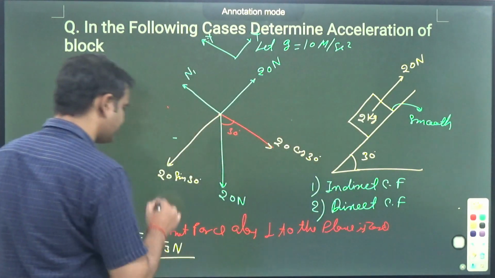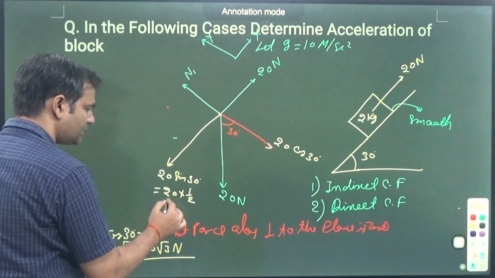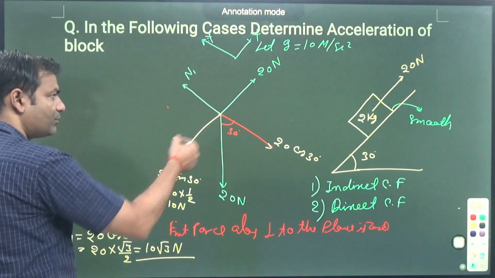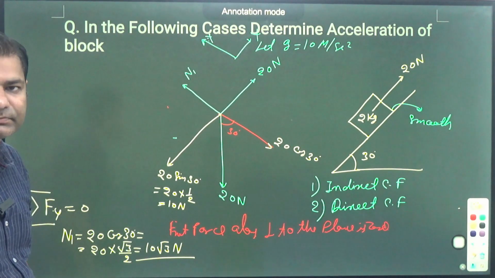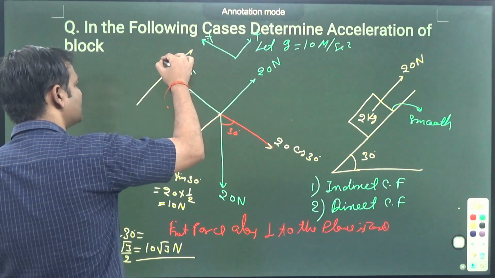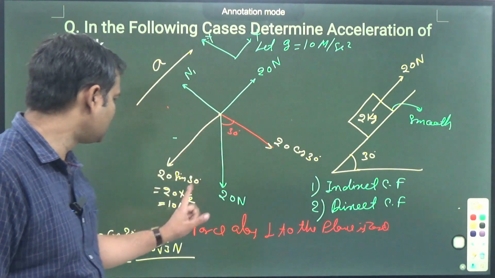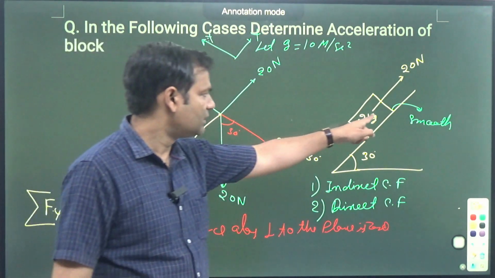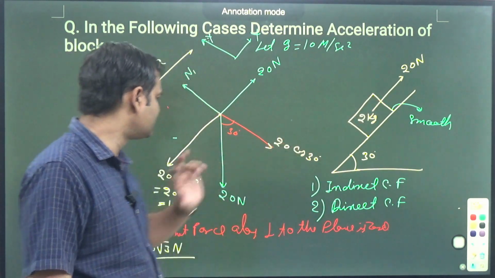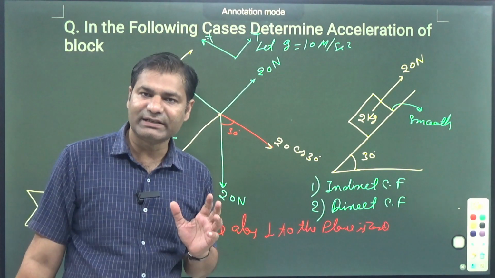Basically, sin 30 is 1 by 2, so 20 sin 30 gives 10 Newton in the direction opposite to capital X. It means it is sure this whole system is going upward, because this one is 20 Newton and that is 10 Newton. The surface is smooth, so no frictional force is available here. So, basically 20 minus 10 along the capital X direction.